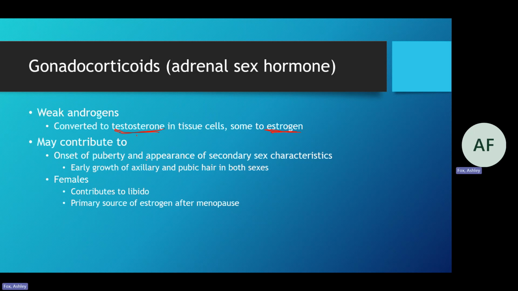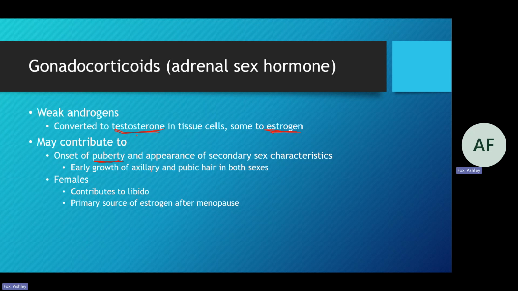So adrenal sex hormones, we're not exactly sure of every aspect of it, but we do say that it can help contribute to onset of puberty and secondary sex characteristics. So looking like a male or looking like a female, secondary sex characteristics.